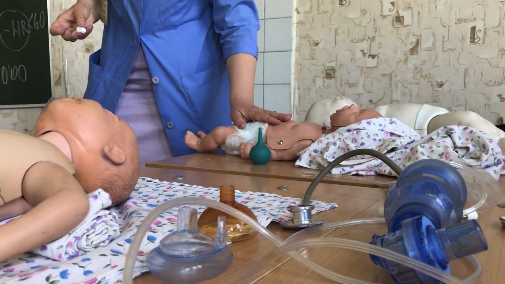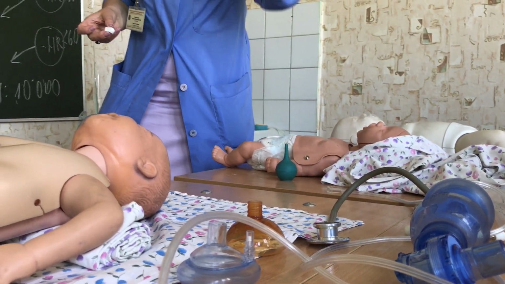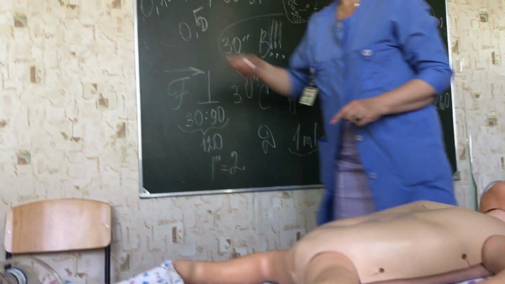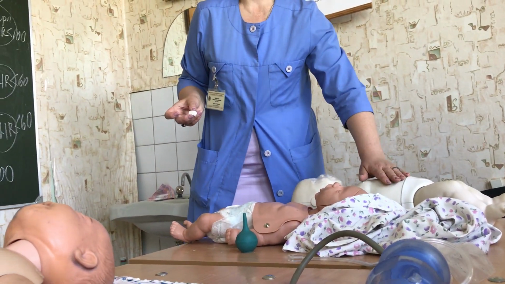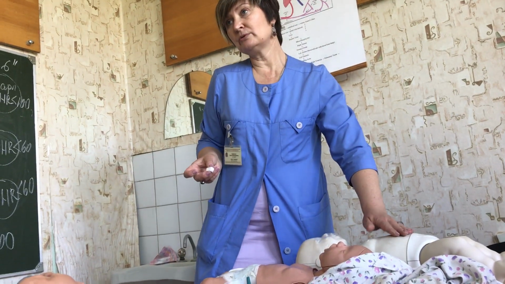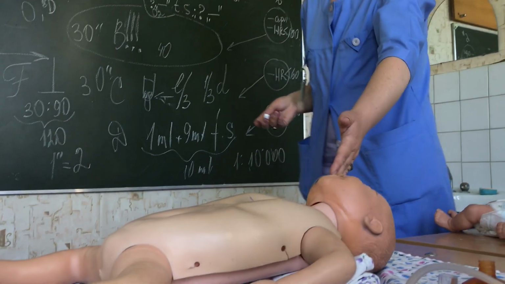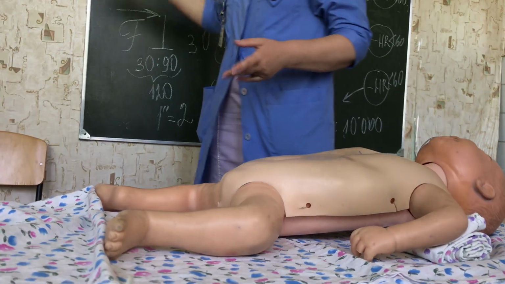Better minimum 0.4, because if you divide by weight, less than 0.1. Here, 6. And minimum 0.6. And 1 can be 2, if you use maximum dosage.